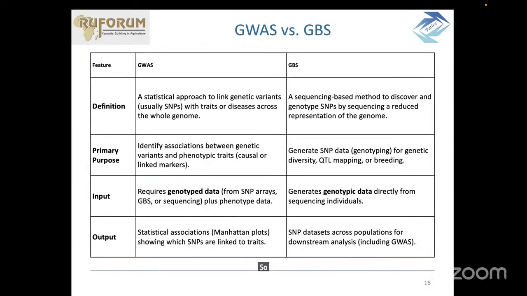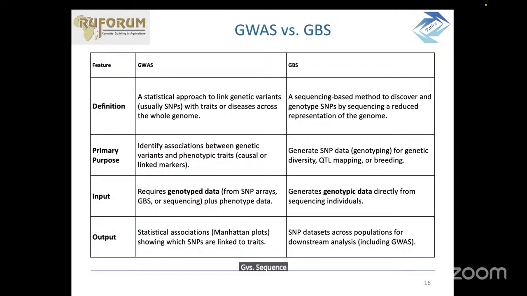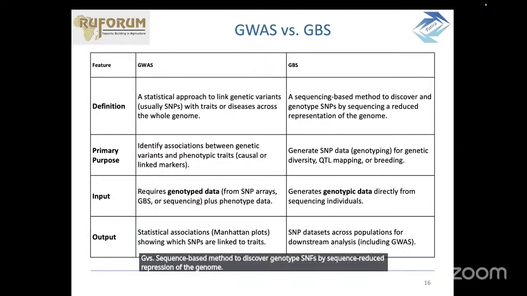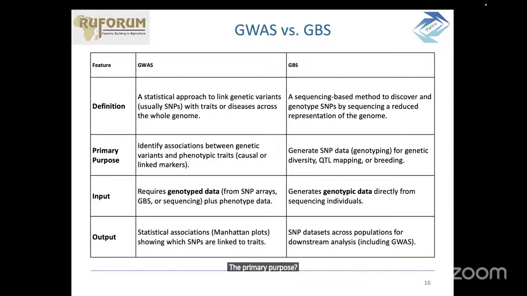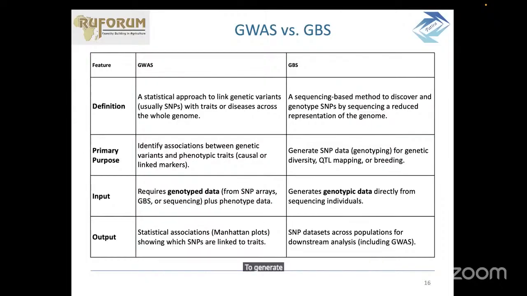So GWAS versus GBS. Definition: GWAS is a statistical approach to link genetic variants with traits or disease across the whole genome. GBS is a sequence-based method to discover genotype SNPs by sequencing and reducing the complexity of the genome. The primary purpose of GWAS: identify associations between genetic variants and phenotypic traits. The primary purpose of GBS: to generate your SNPs, and eventually it's used for diversity, QTL mapping, or breeding.